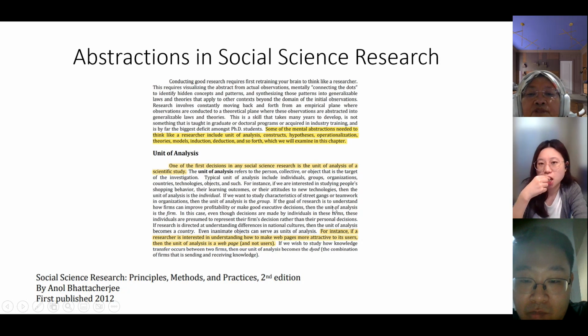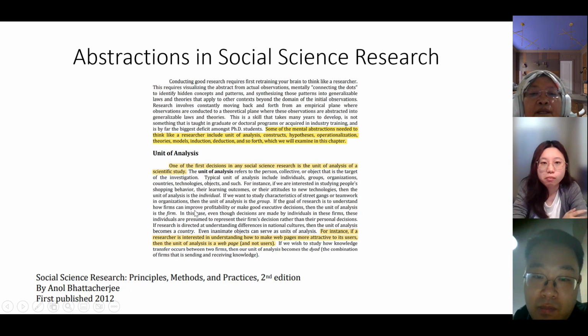If the goal of research is to understand how firms can improve profitability or make good executive decisions, then the unit of analysis is the firm, the company. In this case, even though decisions are made by individuals in these firms, these individuals are presumed to represent their firm's decision rather than their personal decision.